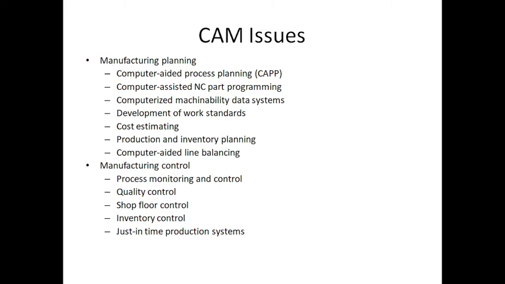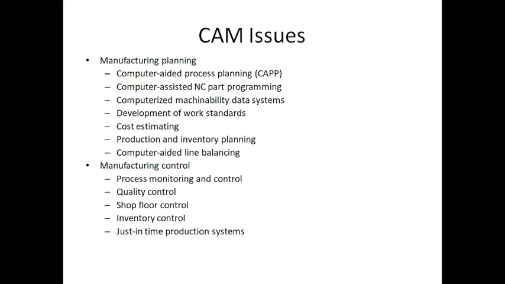And then you have various functions or issues related to manufacturing control. For example, process monitoring and control. You want to monitor the process so that you can control it and it doesn't go out of control. That means the production of defective parts is controlled well in time.